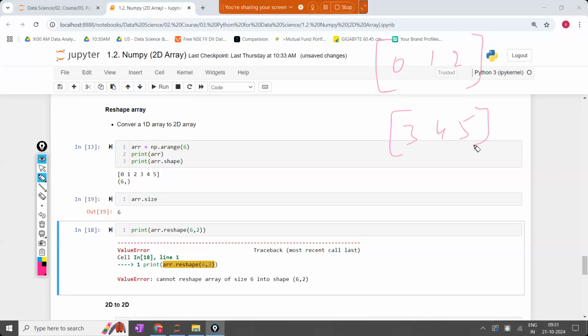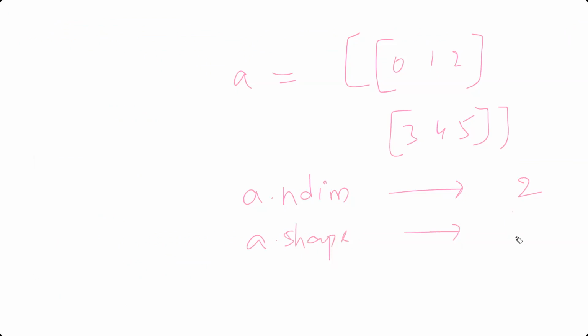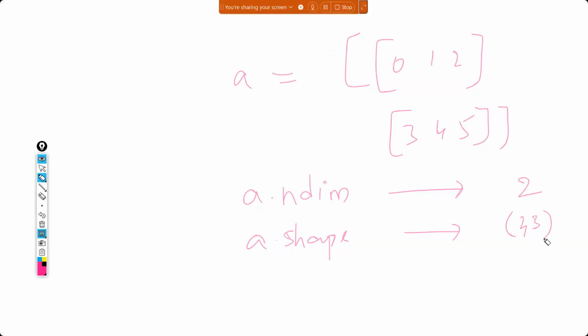Let us store this in a. a dot ndim gives the number of dimensions, which is 2. a dot shape will give you the output 2 rows with 3 columns, 2 comma 3.